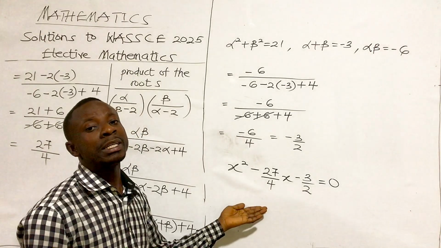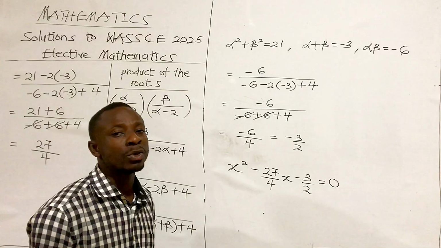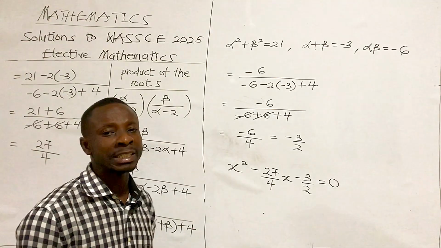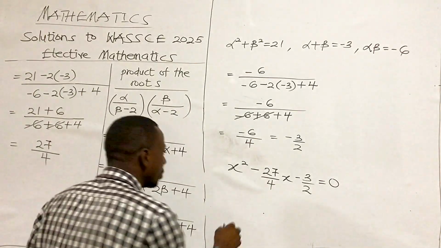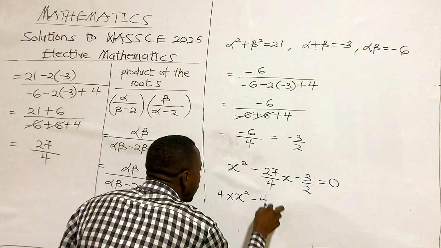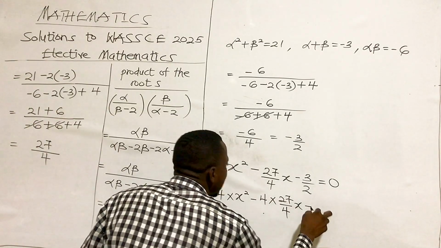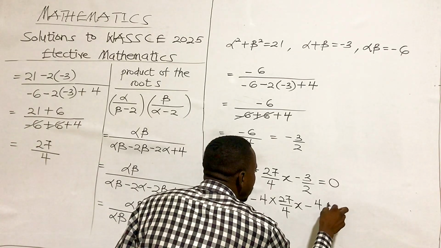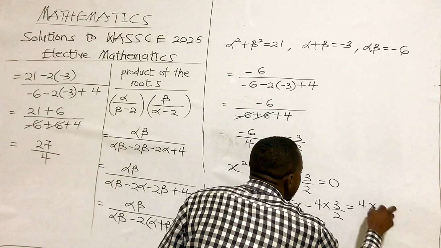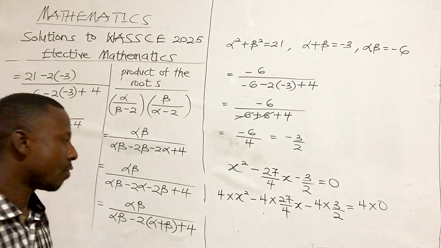Because we have fractions here, we are going to multiply each by the LCM. So from here, the LCM is 4. So we have 4 times x squared, minus 4 times 27 over 4x, minus 4 times 3 over 2, is equal to 4 times 0. So you're multiplying through by 4.